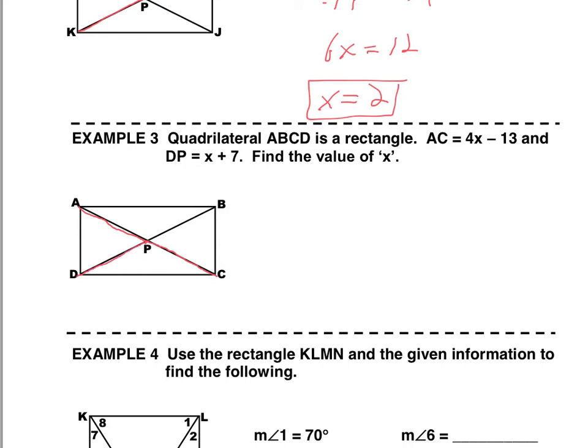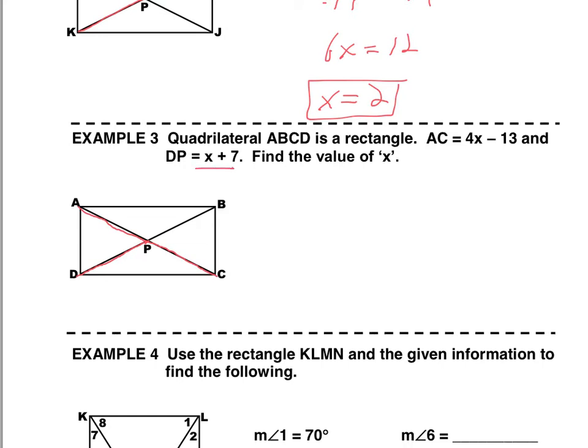So this is exactly like example number 2, right? Exactly like number 2. So we can double the one that they only gave us half of, right? So we can double DP to get all of DB. Because if we know all of DB, that's equal to all of AC, right? Since the diagonals are congruent to each other.